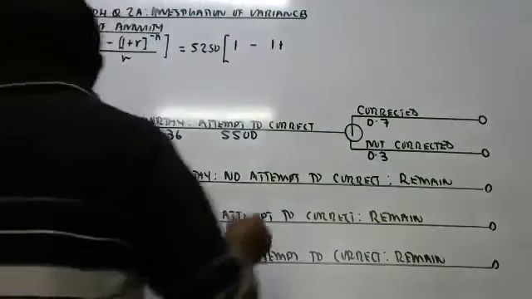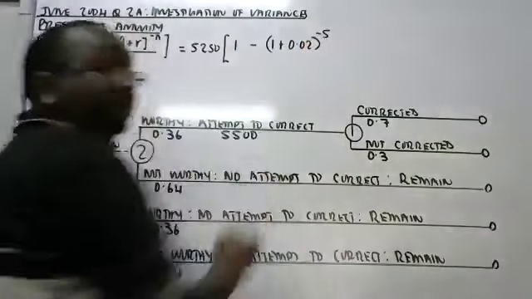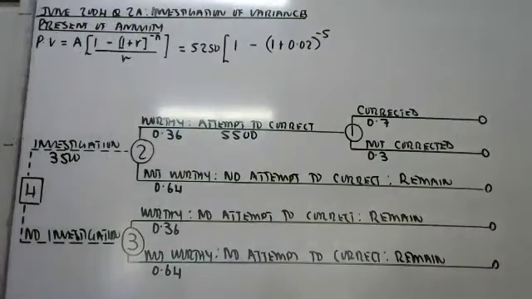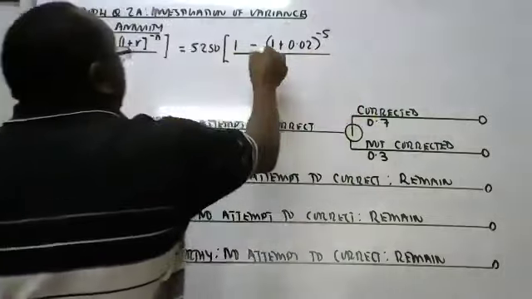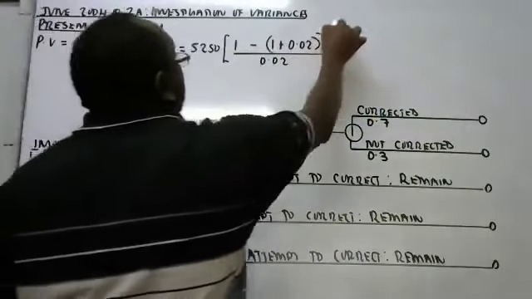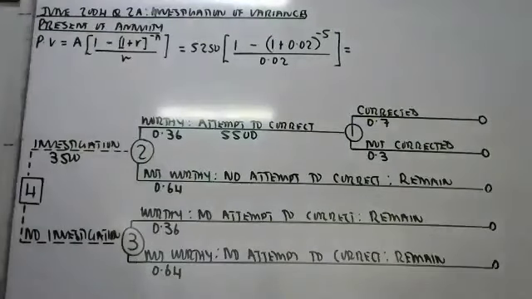R is 2%, 0.02, which we raise by minus 5. Then the whole of this we divide by 0.02. So work out that and give me the figure.